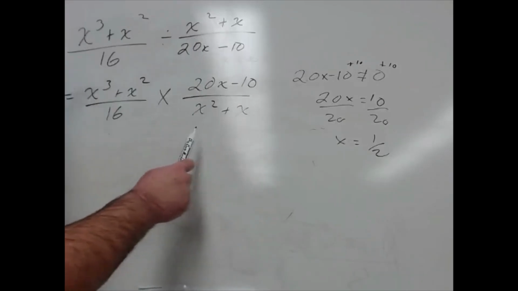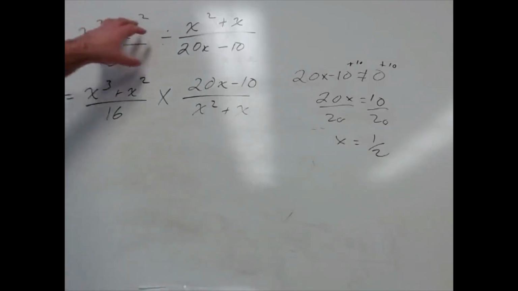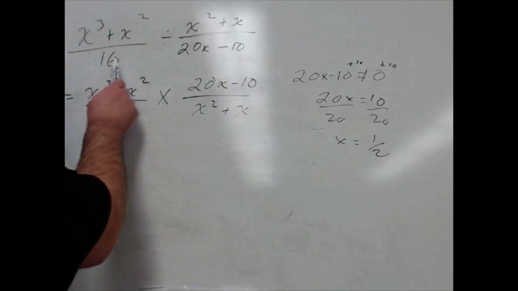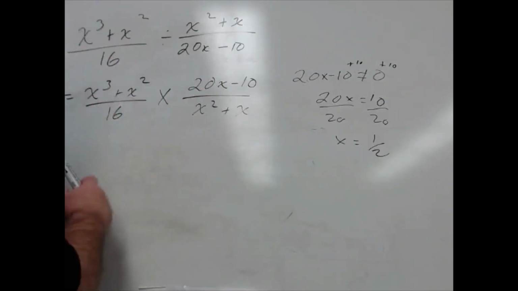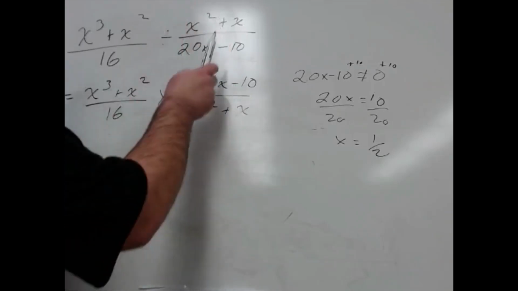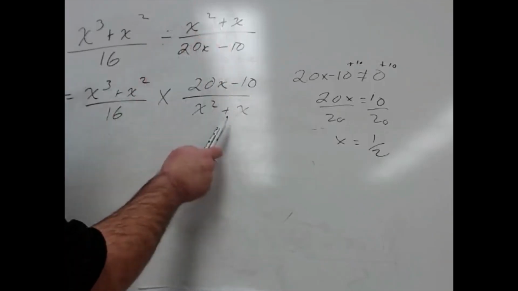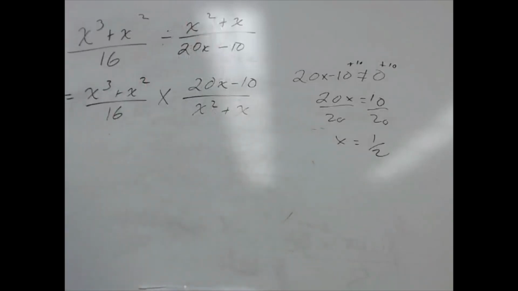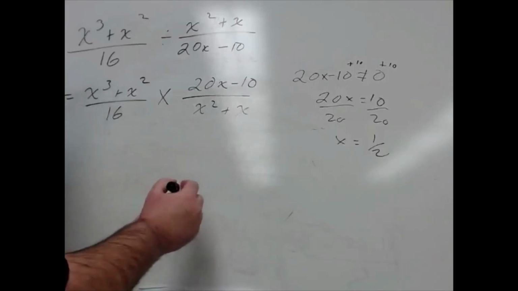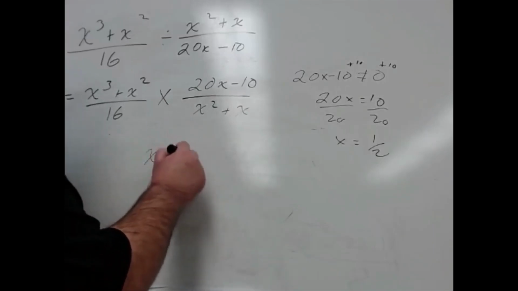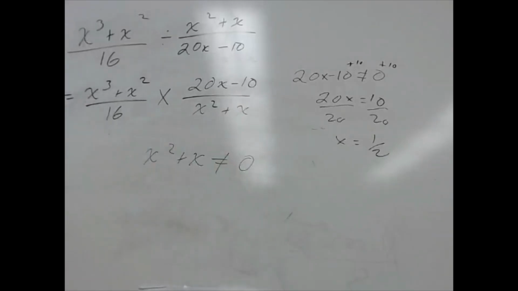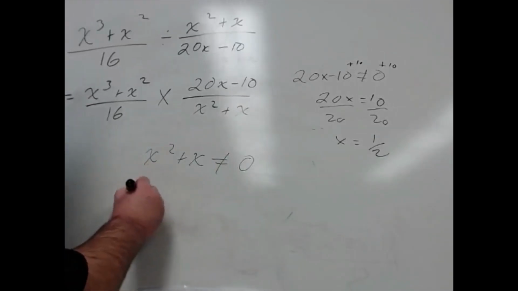So anytime you're dealing with a division of rational expressions, when you find your non-permissible values, you need to look at both denominators, and you also need to look at the second numerator. And the reason for that is because when you flip it, it ends up being the denominator. So in this case, this thing here, x squared plus x, gives you another non-permissible value. Of course, we already factored that, so it turns into x times x plus 1.